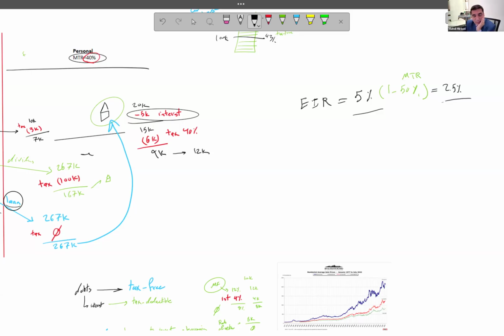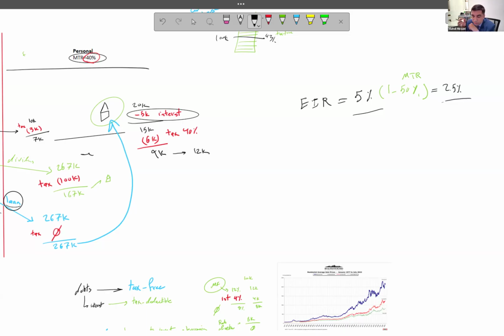So the whole idea is that when the interest is deductible, you save on that interest that you pay. Let's say that your tax rate is at 50%, which is very common in people who make more than, you know, $200,000, something like that.